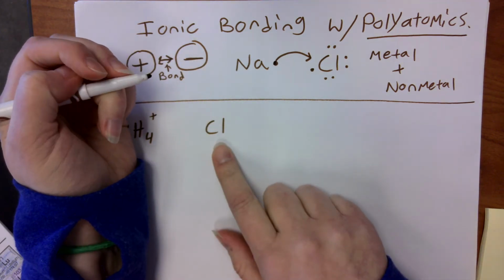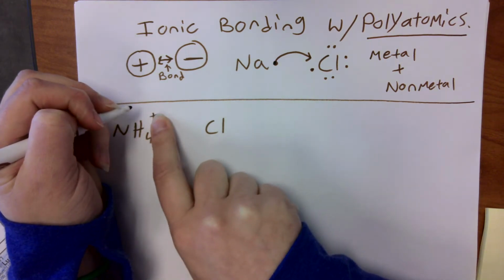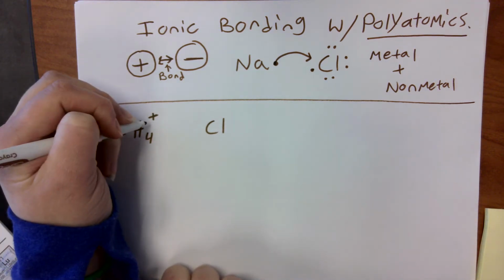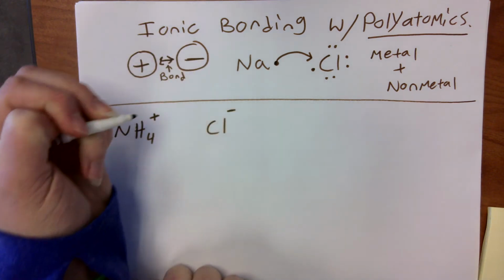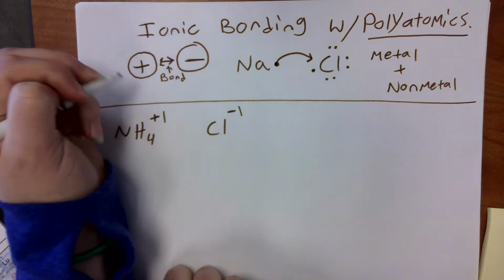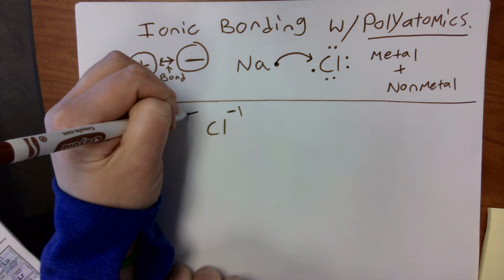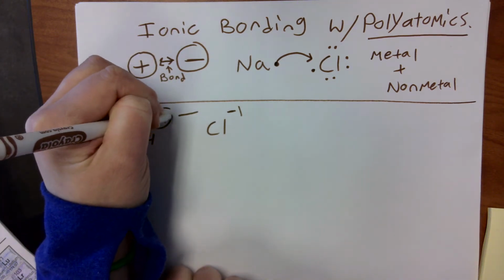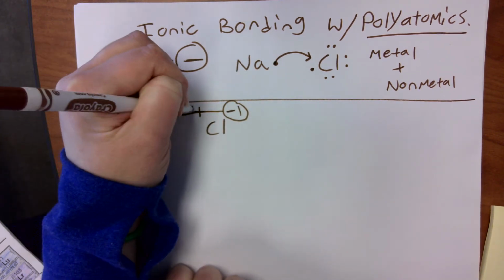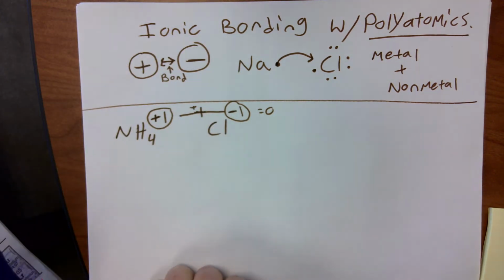Chlorine wants to have a negative charge. One is +1, one is -1, and when you add these charges together, you get 0. This means these two will want to bond together.